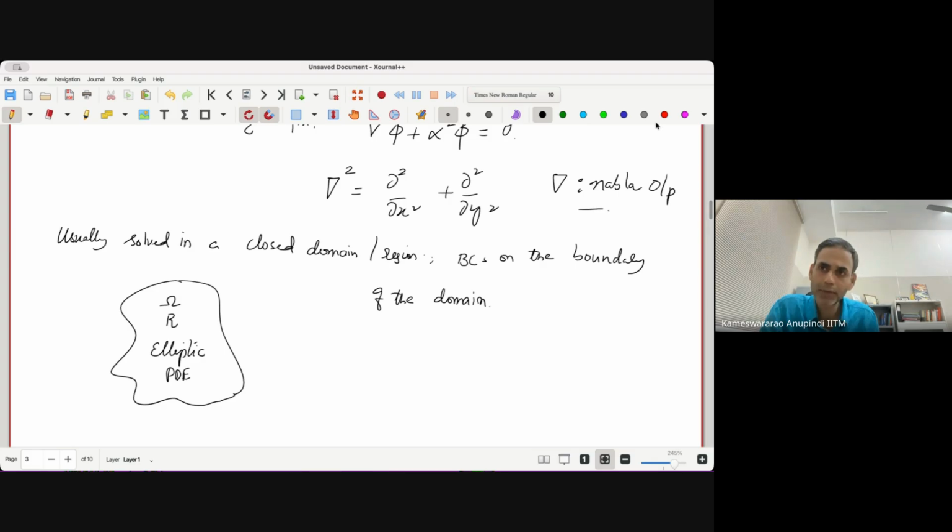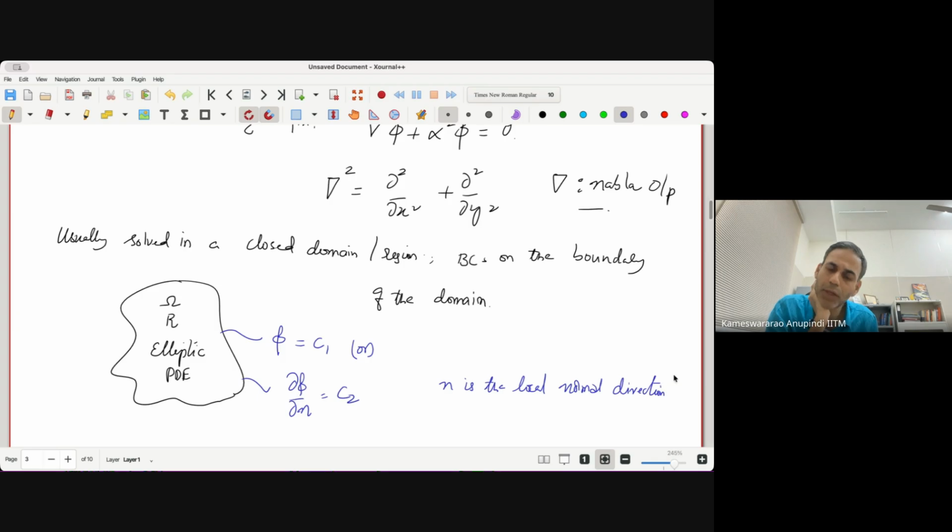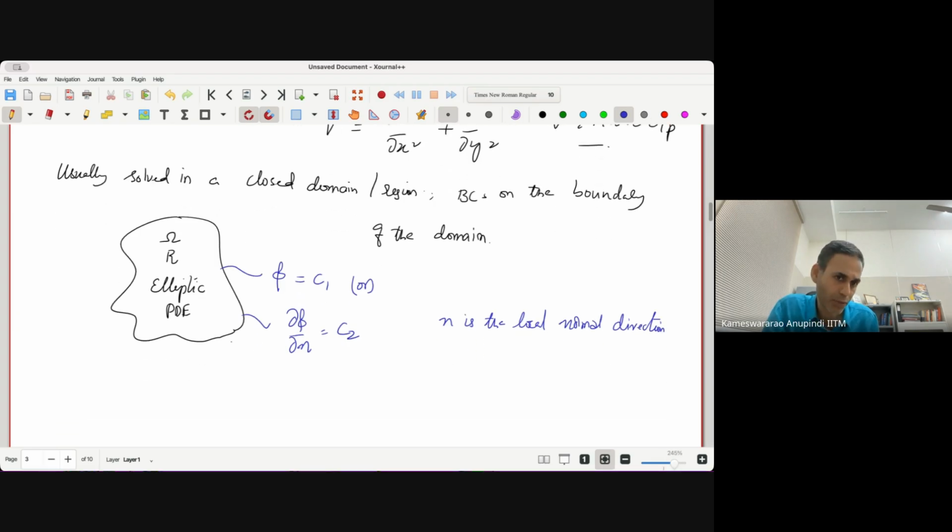Okay, so for example, either the value of the dependent variable, that is phi, could be specified on the boundary, or the normal derivative of phi could be specified on the domain. That means partial phi partial n, where n is the local normal direction, okay, or a combination of these two can be specified.